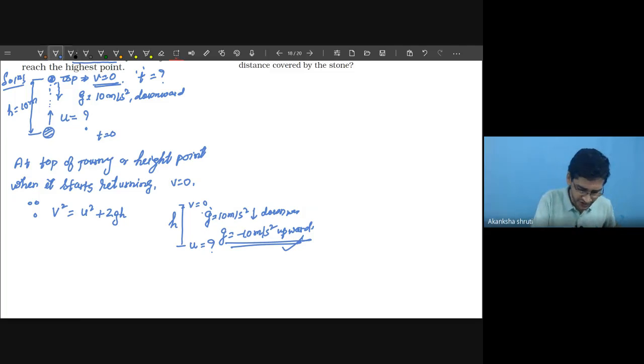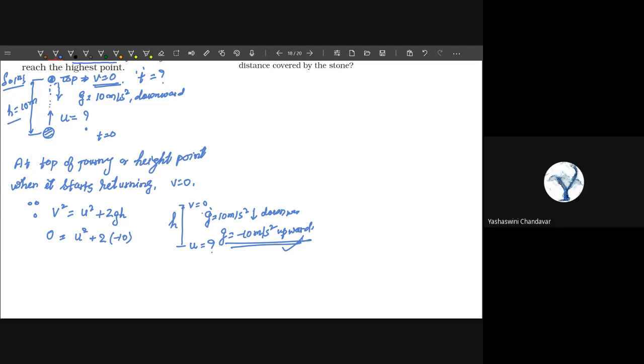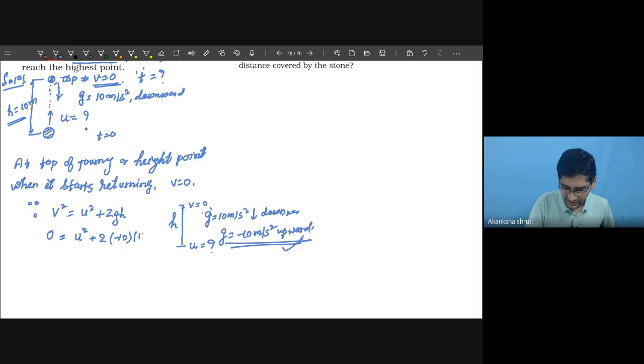So just substitute it. Final velocity v is 0, equal to u square, which we want to calculate, plus 2 into minus 10 into h. h is already given to us. How much is h? It is given here, 10.